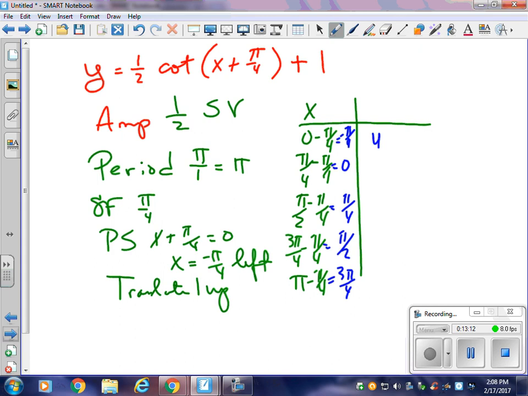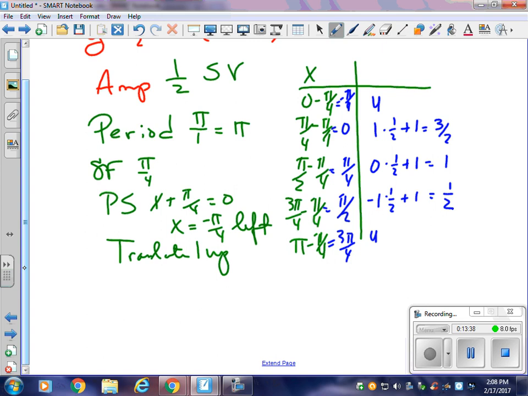Over here it's undefined, 1, 0, -1, undefined. So I've got to multiply that by half and add 1. Now let's look at that in graphic format.